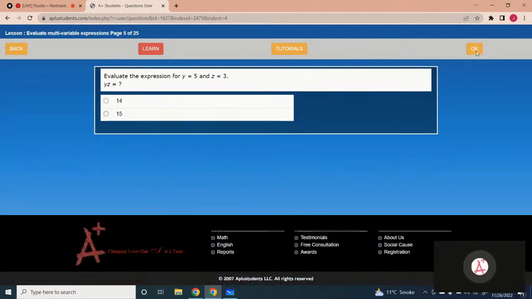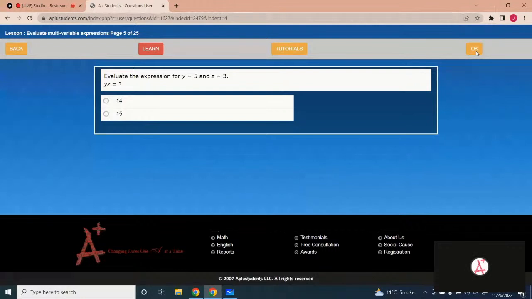The next one is evaluate the expression for y equals 5 and z equals 3. So the expression is yz. That means you have to multiply both the variables. Got it? So just replace the variables with the values.